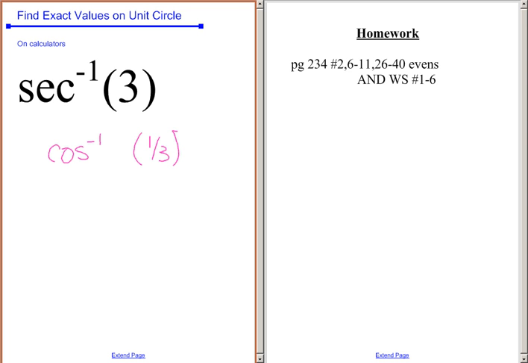Again, if you're in degree mode, you're going to get an answer in degrees. And if you're in radian mode, you're going to get an answer in radians. And what your calculator is telling you is where that occurs on the unit circle. Where is your cosine 1/3? Where is your secant 3? It's the same spot. Okay. So I'm just going to punch this in quick so that you guys can check your answers.